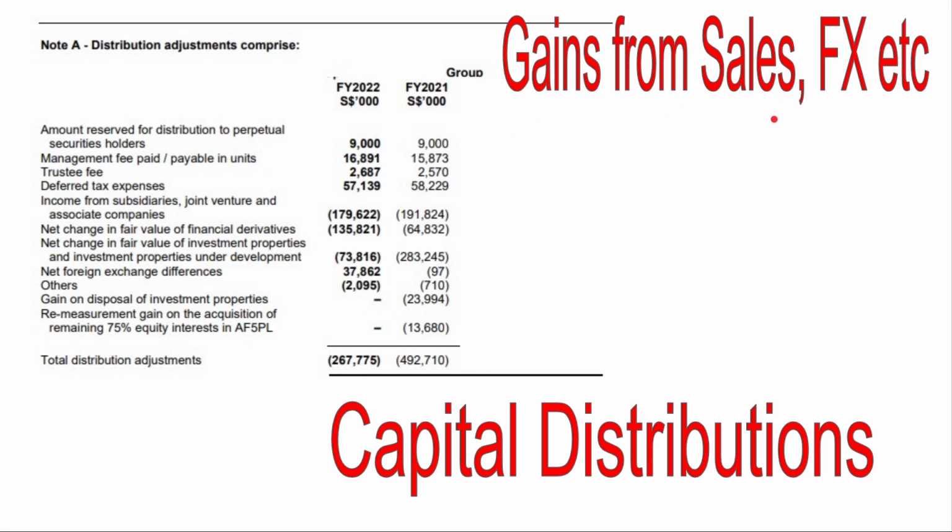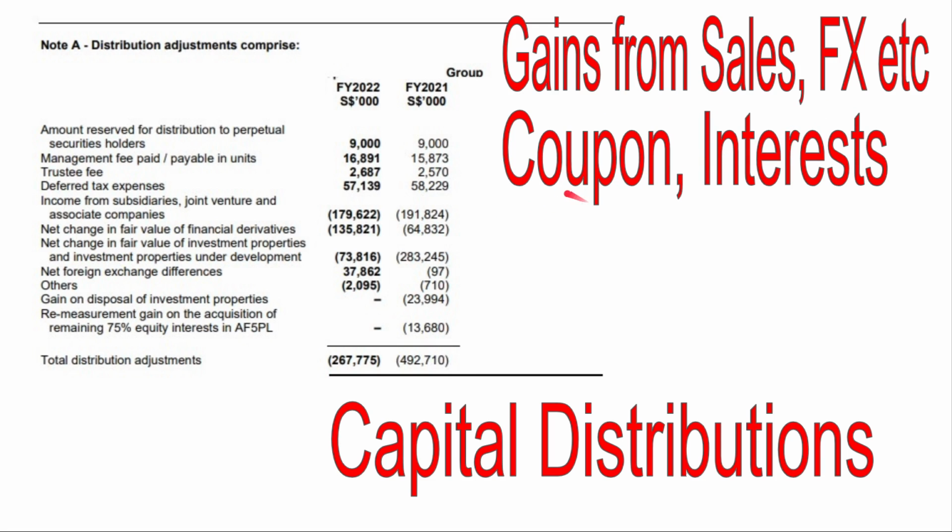And as this cash is not generated through operations, it will be considered as a capital distribution. You can also do likewise for FX and so on and so forth. So if they realize a profit from the FX hedges from favorable movements, then that gain is capital in nature and can also be distributed to unit holders. But of course, a lot of these gains are one-off and therefore not sustainable.